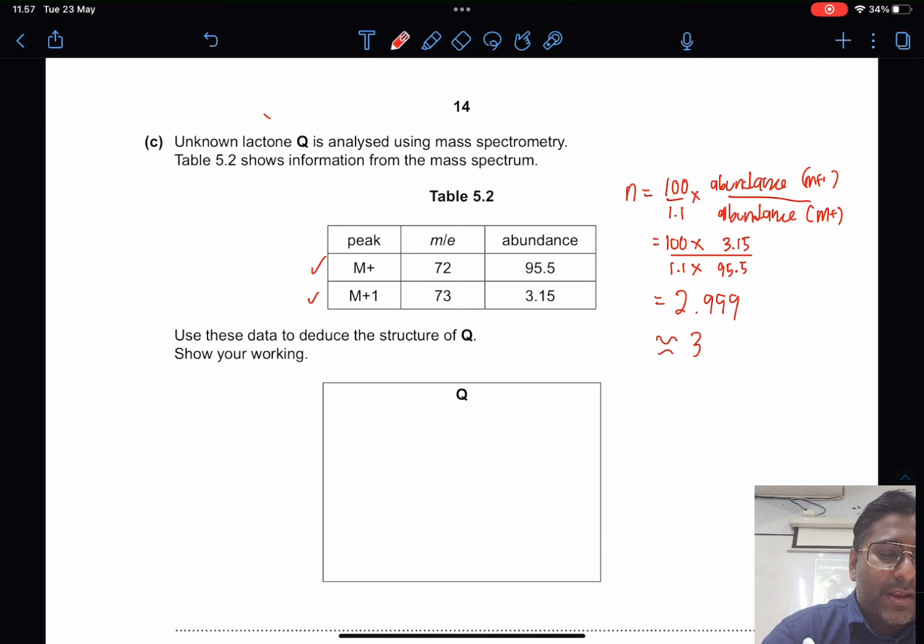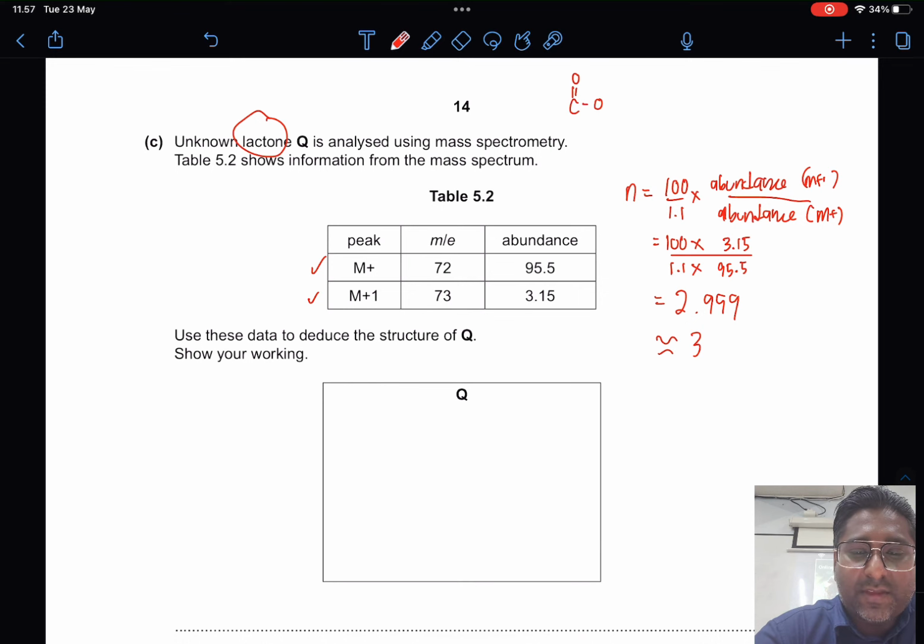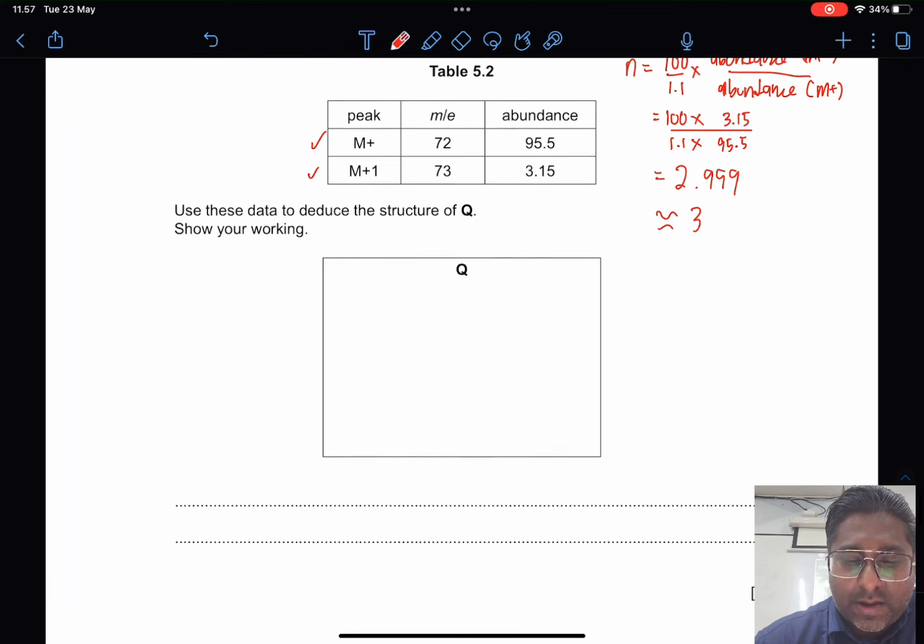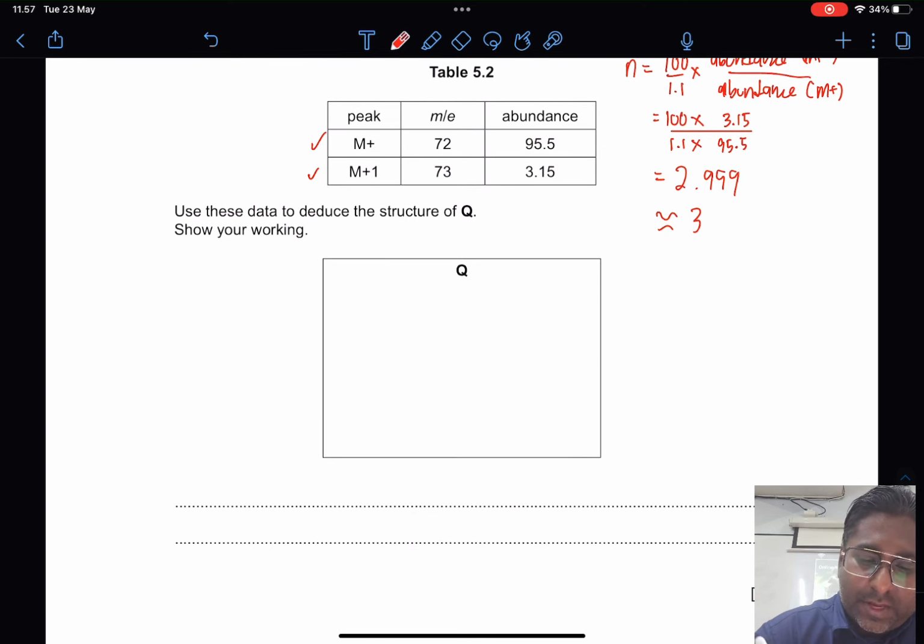So lactone is going to be a cyclic compound, which has C double bond O and O, a cyclic compound. So what we can do is, 3 carbon, and then plus oxygen, so maybe it will be like this. 3 carbon, and then there is oxygen over here, that's lactone.